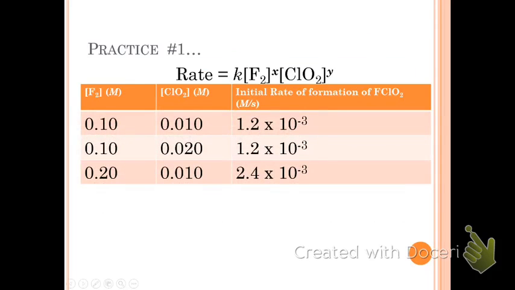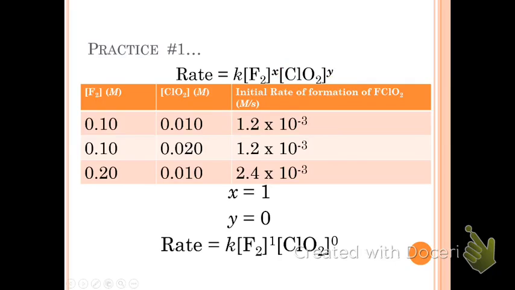Okay, so now I am ready to write my reaction rate. Since I know that F2 is of the first order and ClO2 is of the 0 order, I'm just going to plug those into the powers on my rate law expression.